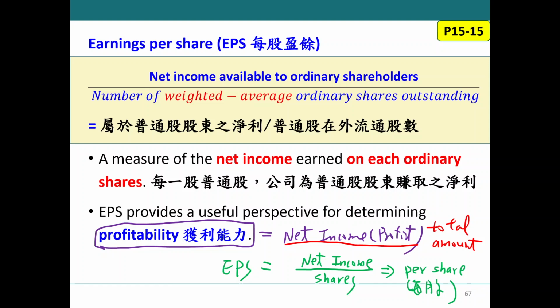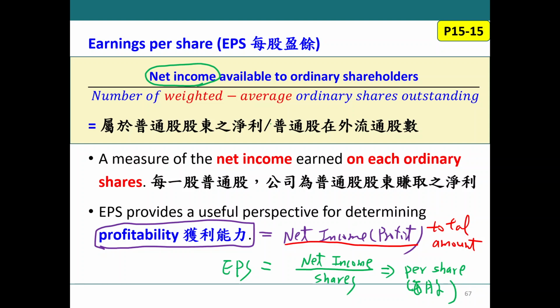But you should understand the profit: we should share dividends to whom first? Preference shareholders, right? So when we compute EPS, based on net income, we should share some dividend to preference shareholders. We want to know the profit for the boss only.